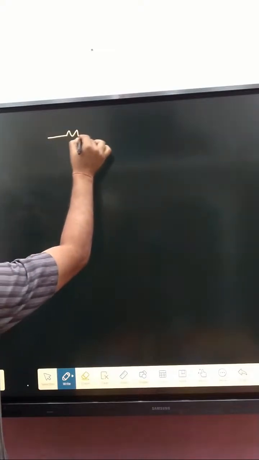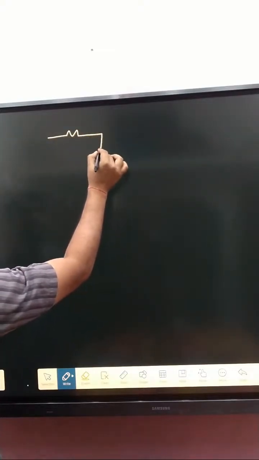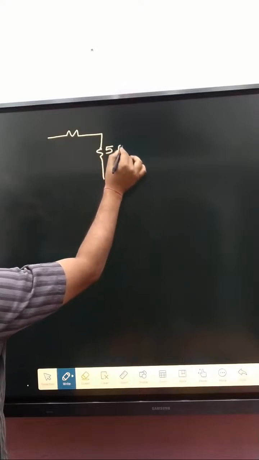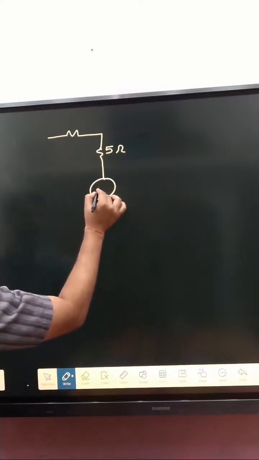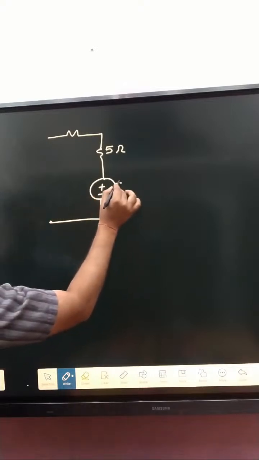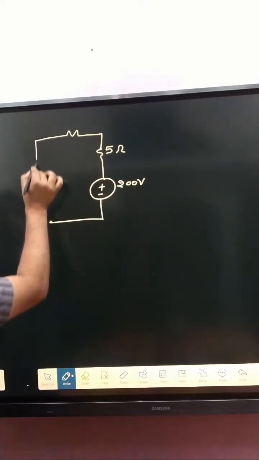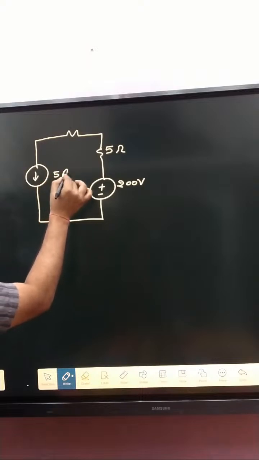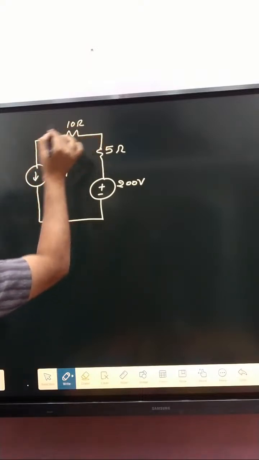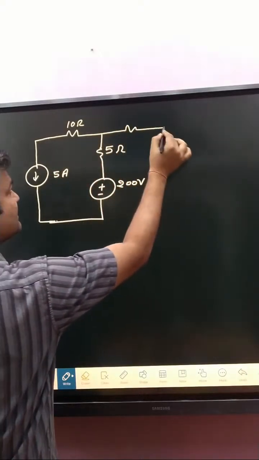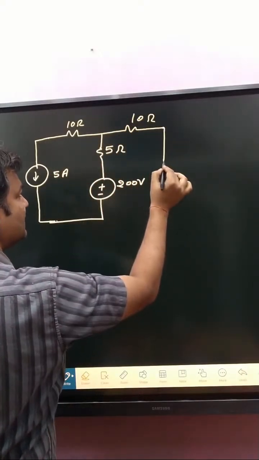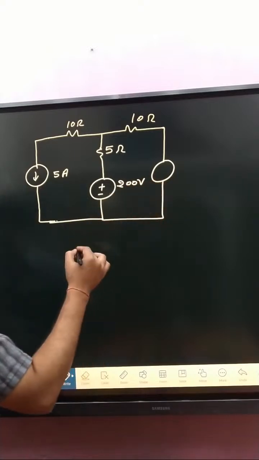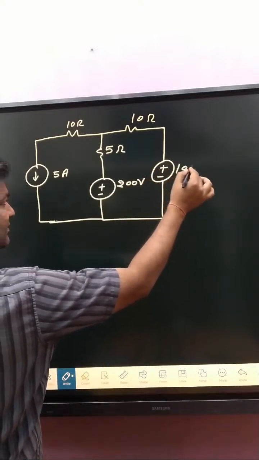That one is 10 ohm. That is 5 ohm, and here plus minus 200 volt, and here a current source is connected, how much? 5 ampere, and that is 10 ohm, and that one is 10 ohm, and that one is simply a voltage source connected like that one, that is plus minus 100 volt.